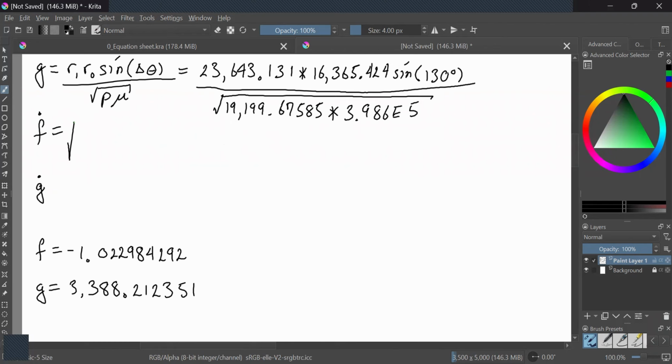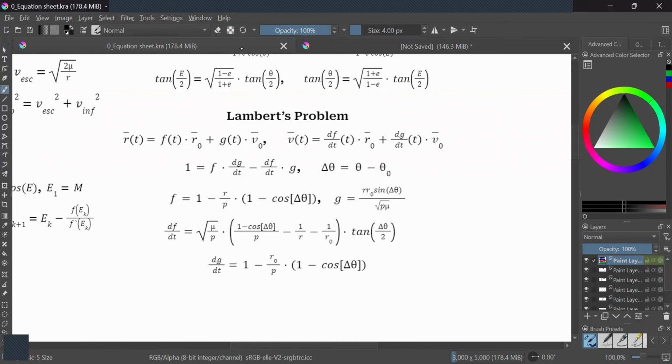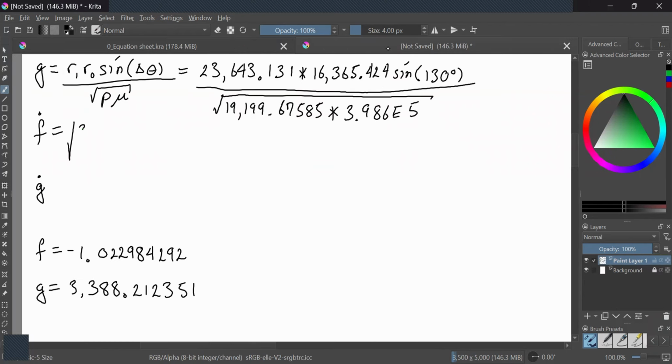So I'm just going to copy over the values. Square root of mu over P, 3.986 times 10 to the 5th over P, 19,199.67585.